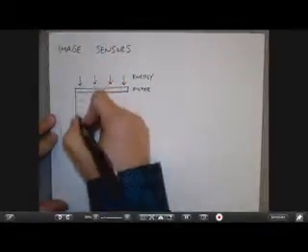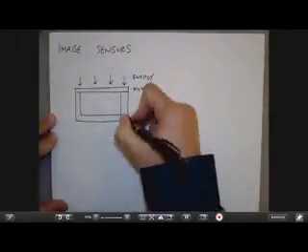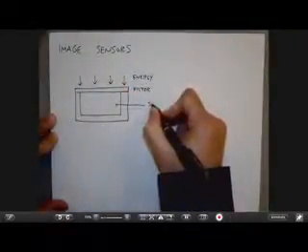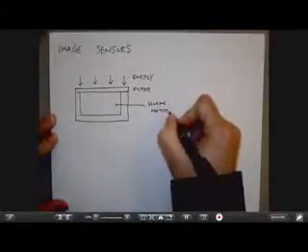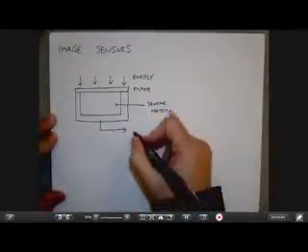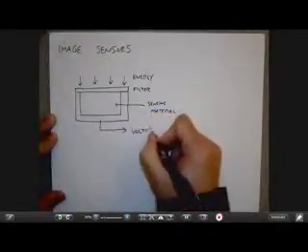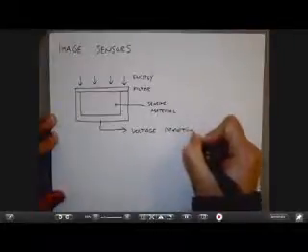Then we have a cavity with a sensing material, and what comes out of this little sensor element is a voltage that is proportional to the incoming light.